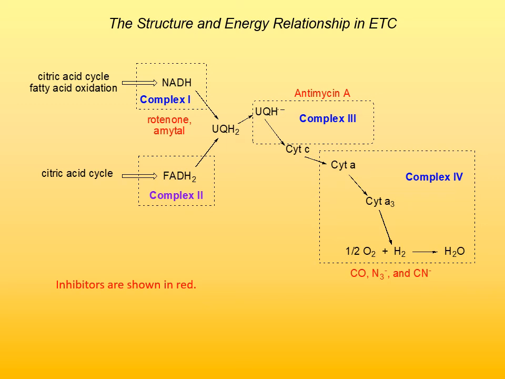A frequently encountered form of respirosome is a tetramer. It contains 1 complex 1, 2 of the complexes 3, and 1 complex 4. So it's a 1, 3, 2, and 4 tetramer. Electron transfer is efficient because the active sites of different complexes are in close proximity to each other.